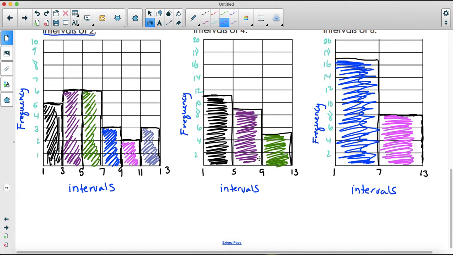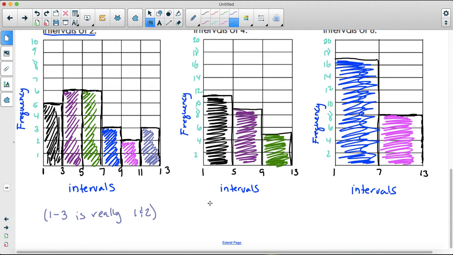Now, to make a little note to remind us for the intervals, 1 through 3, so that interval of 1 to 3 here is really just 1 and 2.